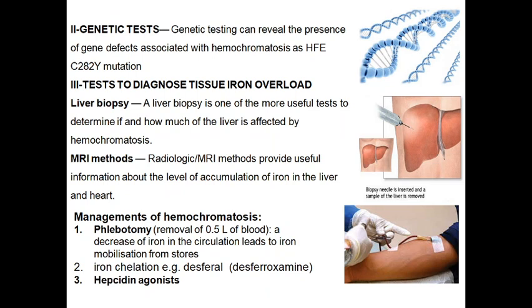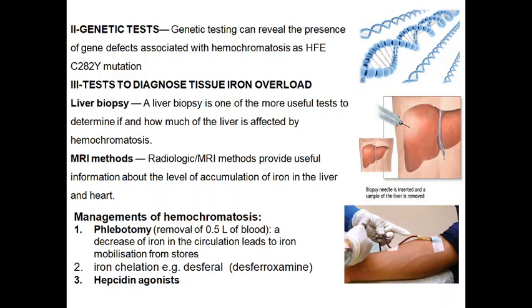Genetic testing is very important to reveal the presence of gene defects, as in mutation of the HFE gene, a point mutation in which cysteine is replaced by tyrosine at position 282.